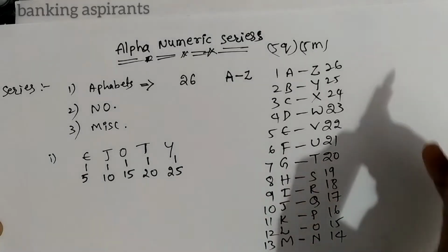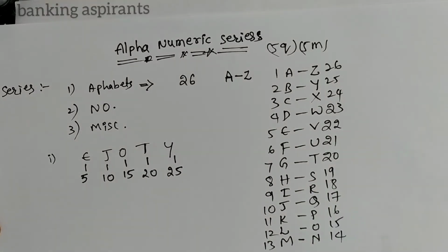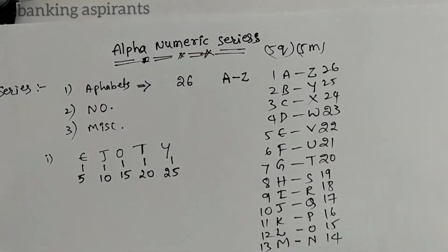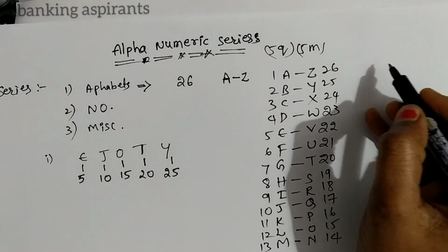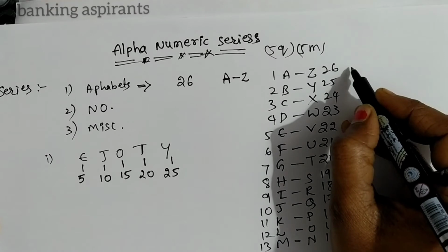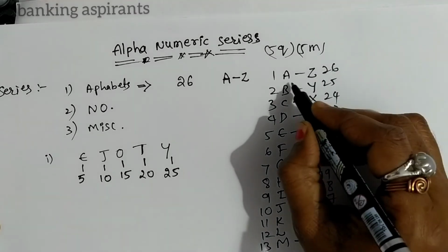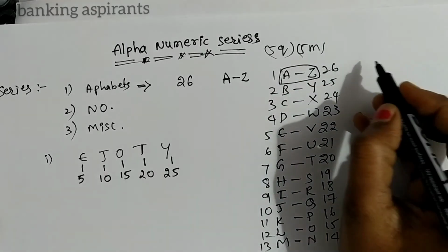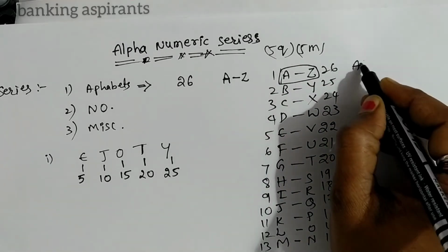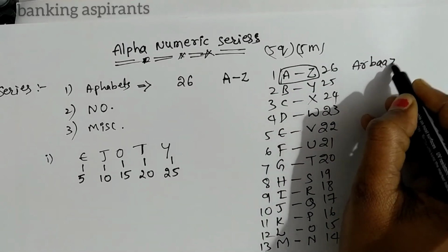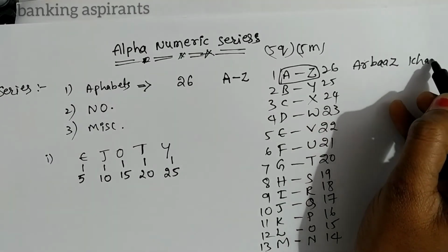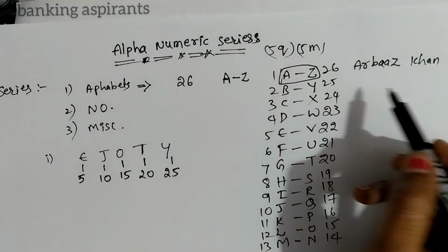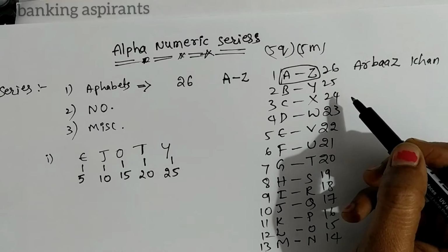Next, I am writing some words to remember both forward and backward alphabet position values. First one is the combination of AZ. AZ combination: Arbaz Khan. He is a famous actor in Hindi and Telugu.